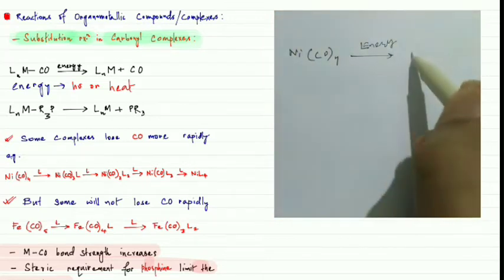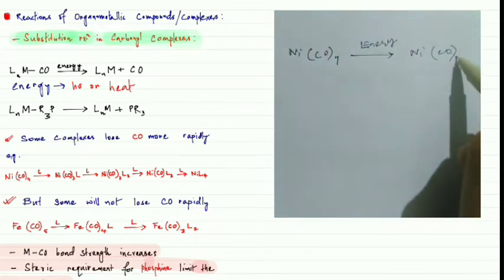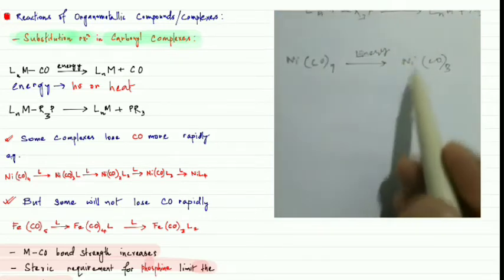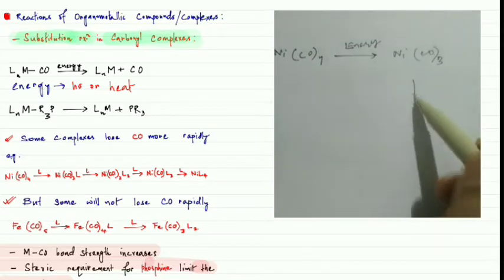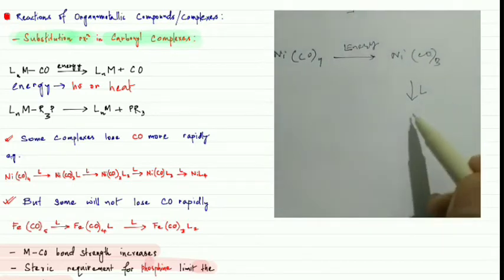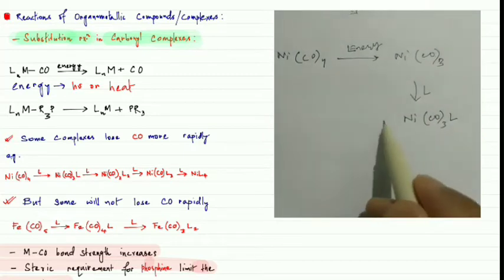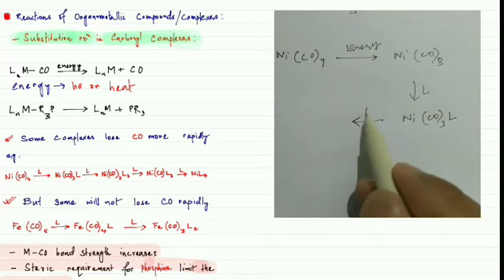They first get this one, okay. Since one vacant site is there, if we add some ligand, then it will become Ni(CO)3L. Okay. So again, if you apply some energy, then what is going to happen?